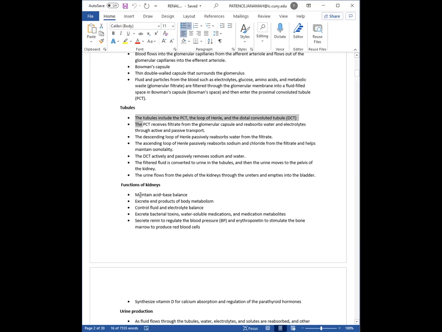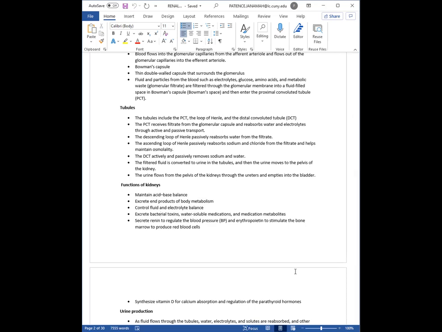So now, the main functions of the kidney. You need to know what the kidney is supposed to do in your body. It helps maintain acid-base balance, excretes end waste products of metabolism, controls fluid and electrolyte balances, and excretes bacteria toxins, water-soluble medications, and medication metabolites.